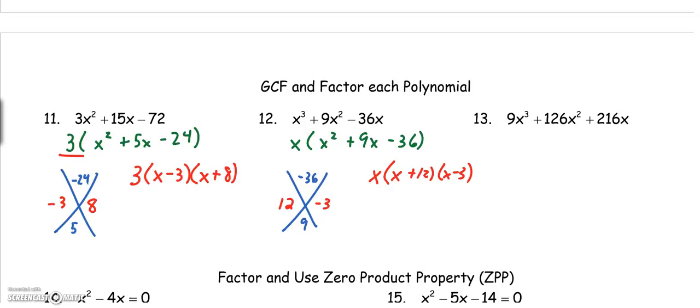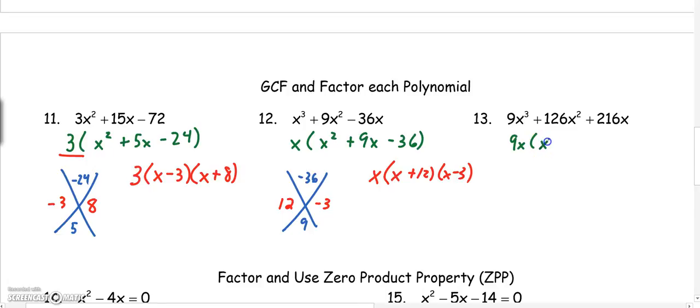Number 13. In number 13, my GCF has a number in front of it, and it doesn't have an x squared term. So my GCF here is 9x, so I'm going to divide everything by 9 and decrease my exponents.